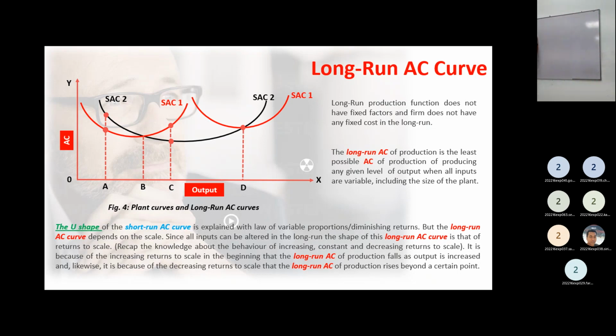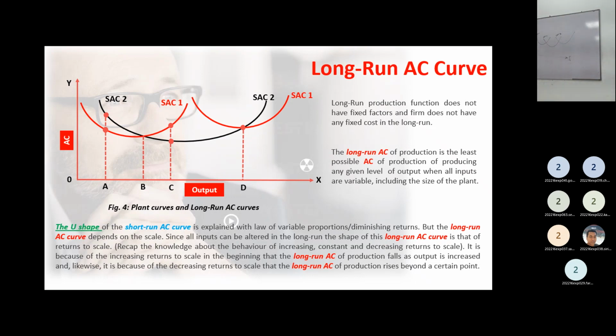So let's say here you have your output. Let's assume that these are the short run average cost curves that you have: short run average cost 1, short run average cost 2, short run average cost 3.